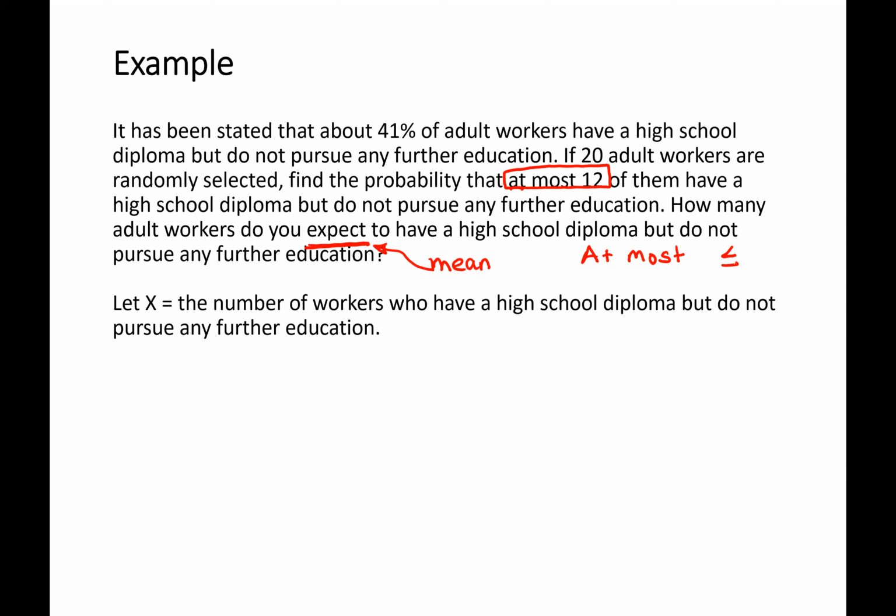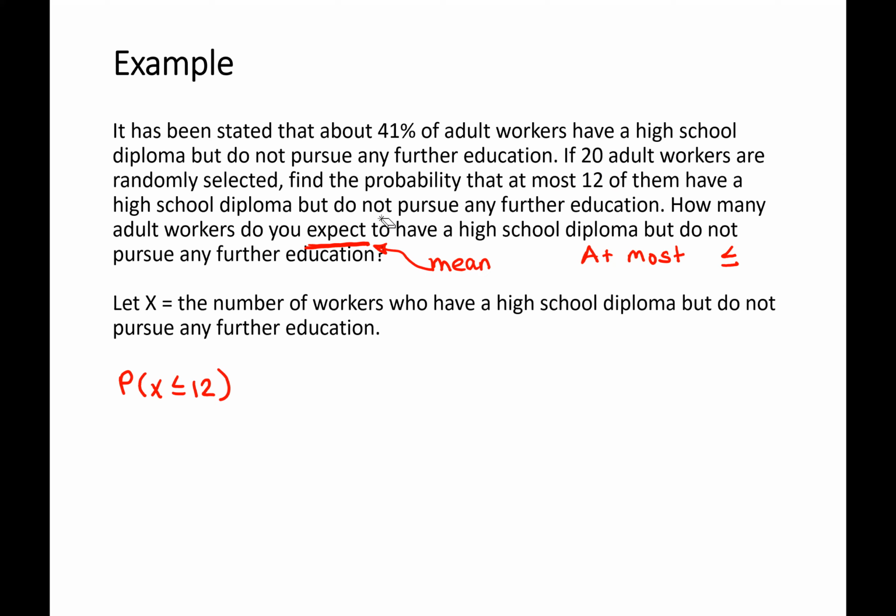So we're looking for the probability that our random variable takes on a value less than or equal to 12. So we're interested in the probability that we could see none, or 1, or 2, or 3, or 4, up to and including 12.